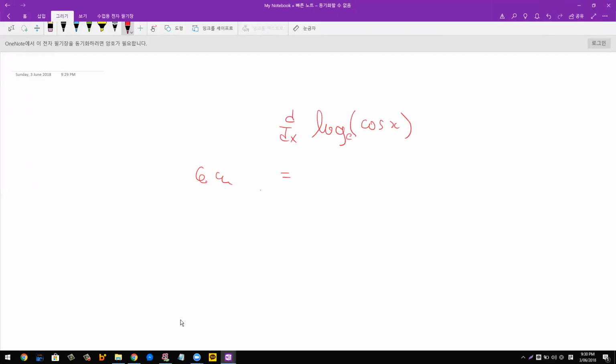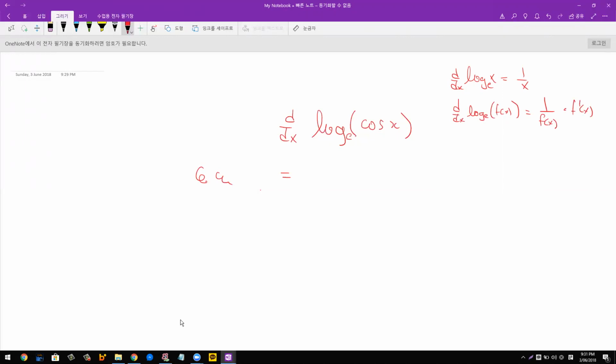So if you do this, what's a log of x? When you differentiate this, what do you get? 1 on x, right? What's a differentiation of log of f of x? It's 1 on f of x times f dash of x. So you forgot about this one, all right?